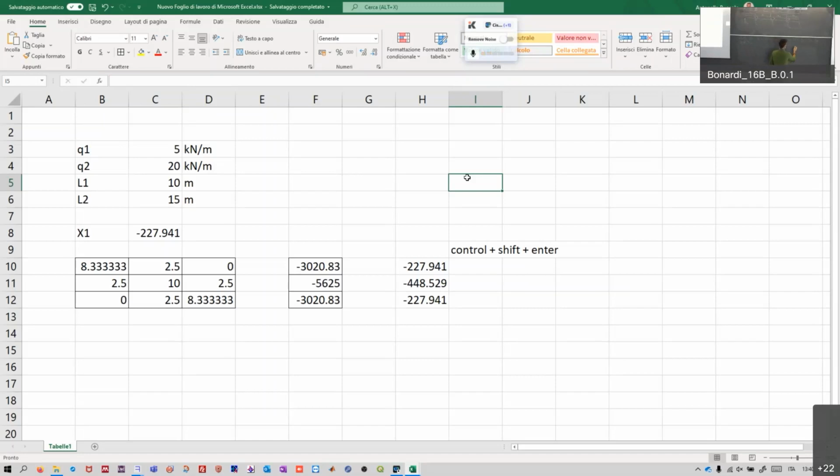VI is equal to Q1 L1 over 2 plus X3, what is it? I did not write it, okay. But it will be X3 over L1.